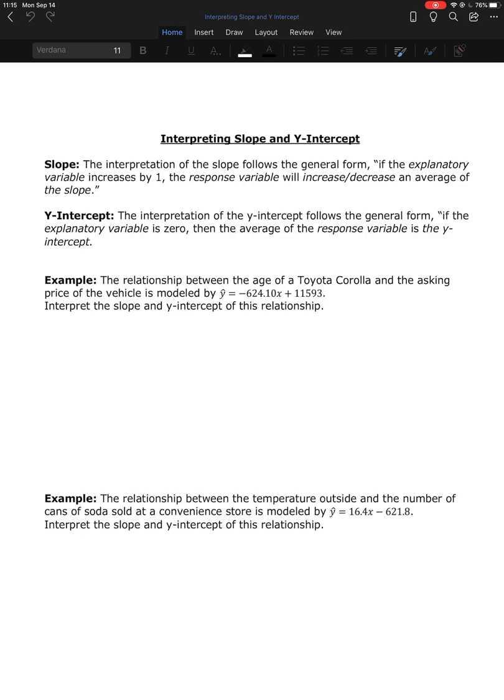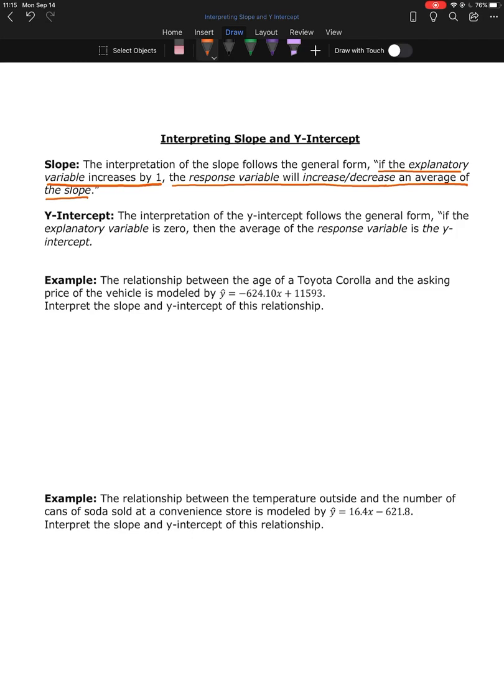You can adapt these a little bit if you have a better way to word them, but in general, when we interpret the slope, we can say that if the explanatory variable increases by 1, the response variable will increase or decrease, depending on if the slope is positive or negative, an average of the value of the slope.